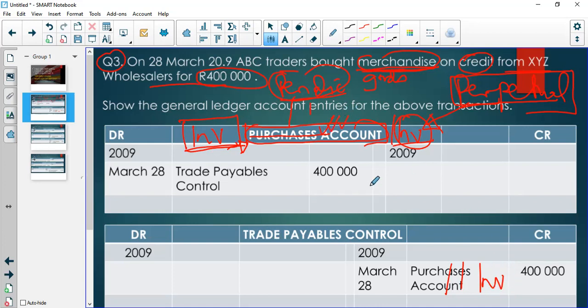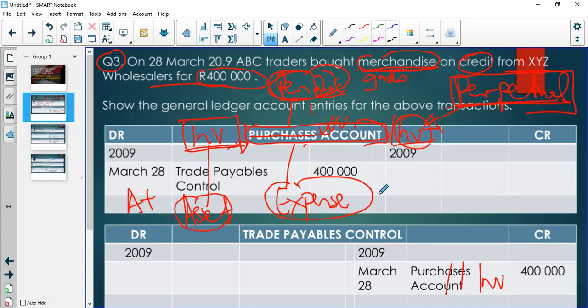All right. And remember, purchases is an expense, and inventory is an asset in the way we record it. So if we buy inventory, our assets increase. That is if we are using the perpetual inventory system. But if we are using the periodic system, if we buy merchandise for resale, then it's a purchases account where we record it as an expense.